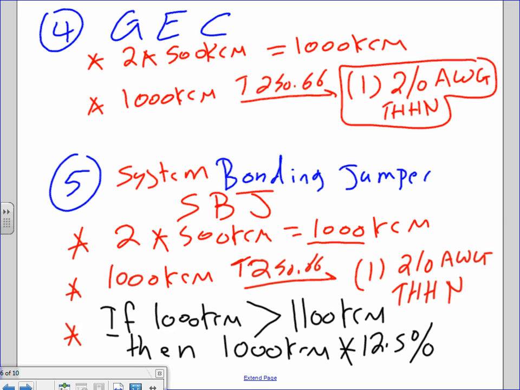Obviously this is not true, right? Write yourself that note. If the number that you came up with is more than 1100 kcmil, is it? No, so it doesn't trigger this.